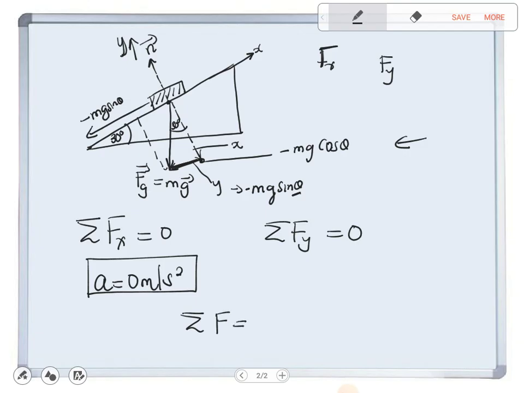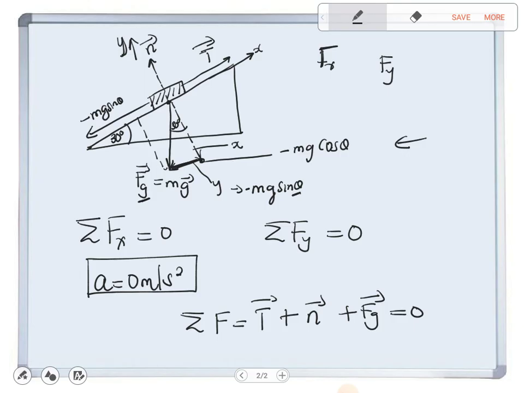What forces do we have? We have the tension here. We have the normal force, which of course is in the positive direction. Then we have this force here, let's call it the force due to gravity. This should always give us 0. This is a very important condition.